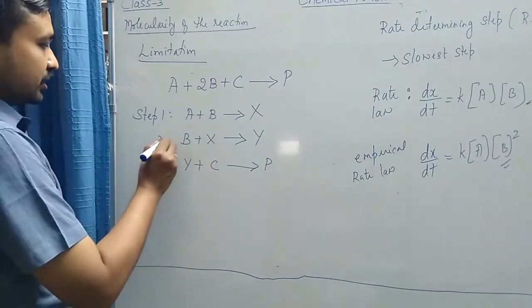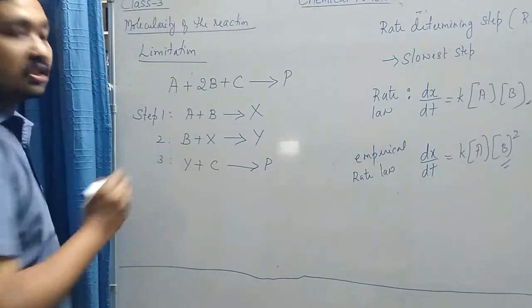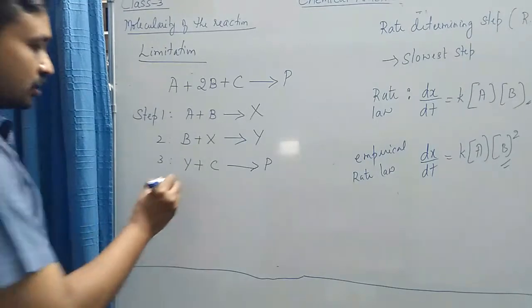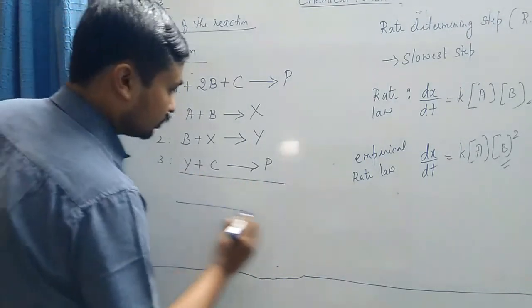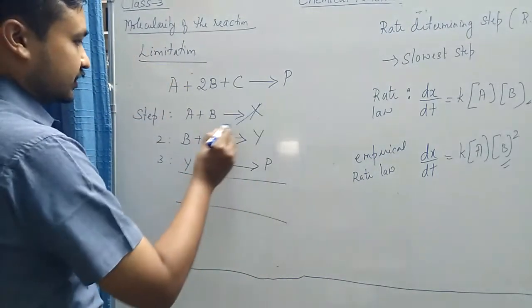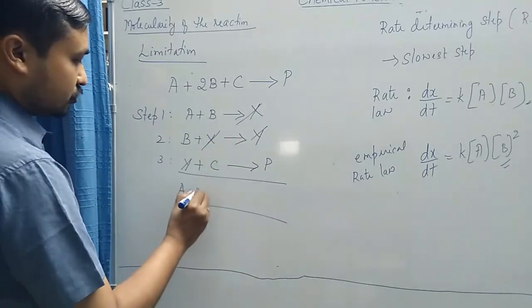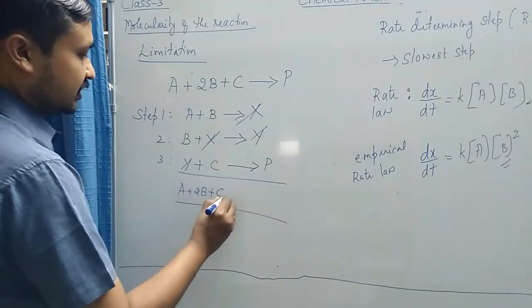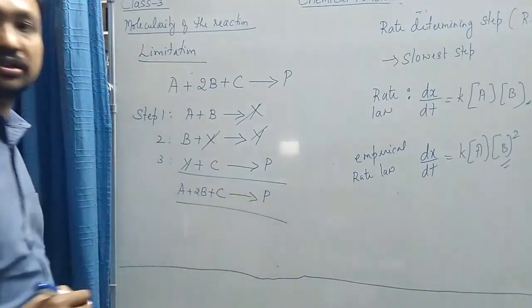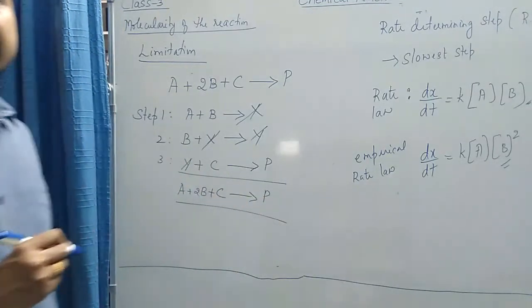So this reaction takes place in three steps. If you combine all these, X gets cancelled, Y gets cancelled, and you get A plus 2B plus C giving product, which is nothing but the overall reaction.